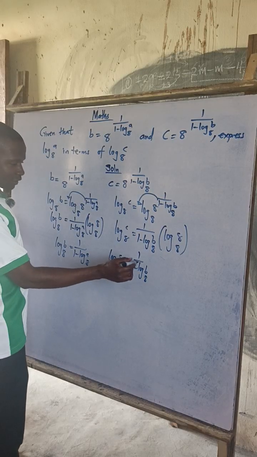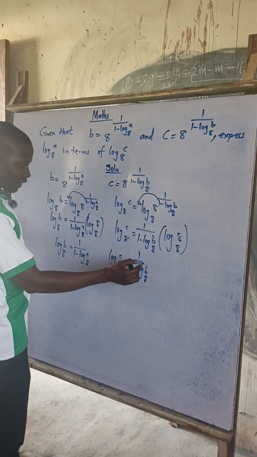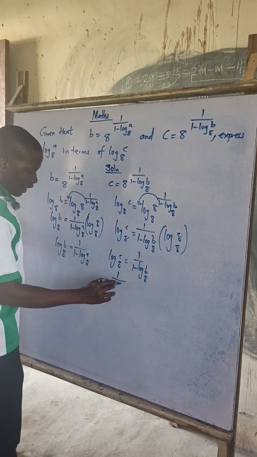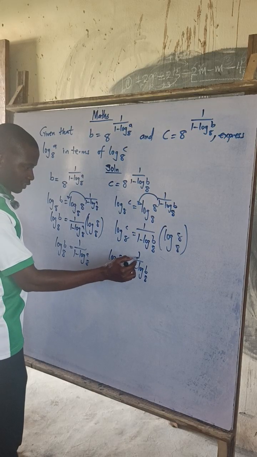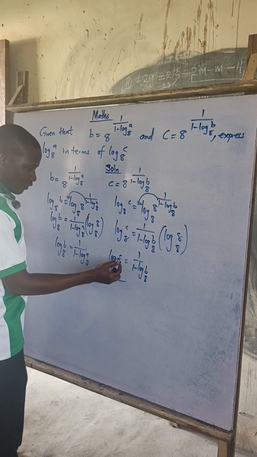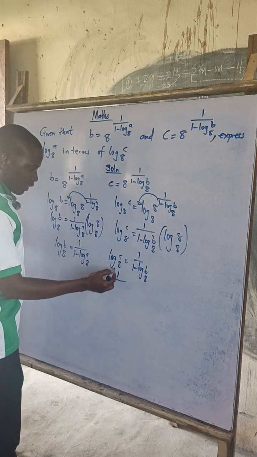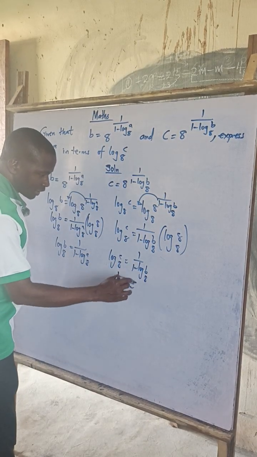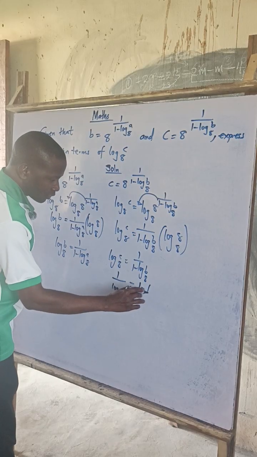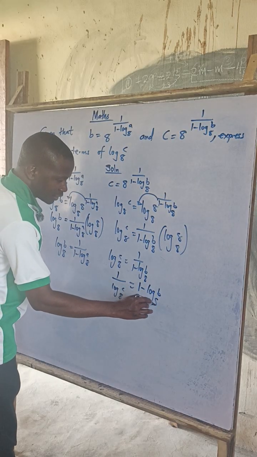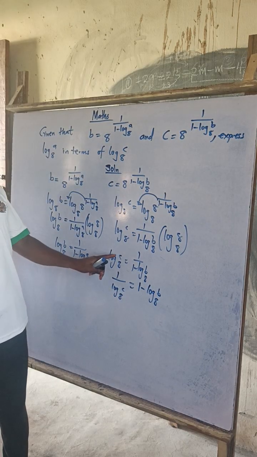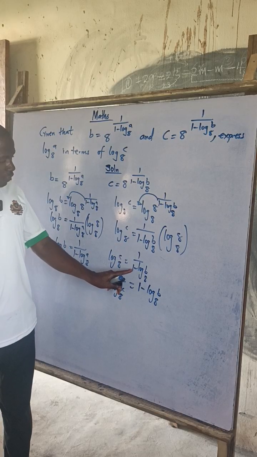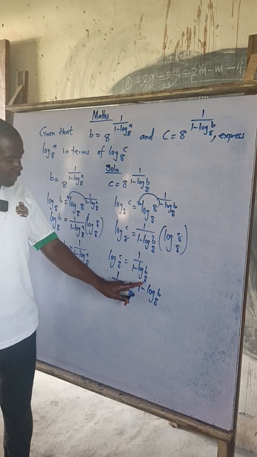So, applying the law of indices, if log c to base 8 equals 1 over 1 minus log b to base 8, then 1 over log c to base 8 equals the reciprocal, which is 1 minus log b to base 8.